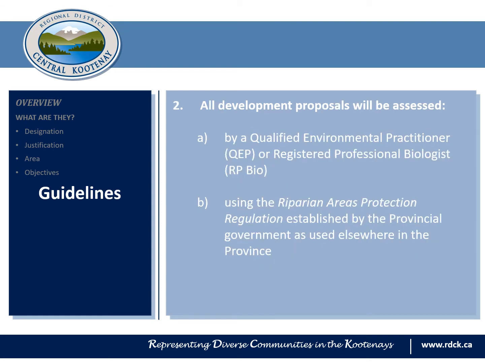The second guideline requires that for any of the activities previously mentioned, the proposal must first be assessed by a qualified environmental practitioner, or a QEP, or a registered professional biologist, or RP Bio, using the Riparian Areas Protection Regulation established by the provincial government as used elsewhere in the province.